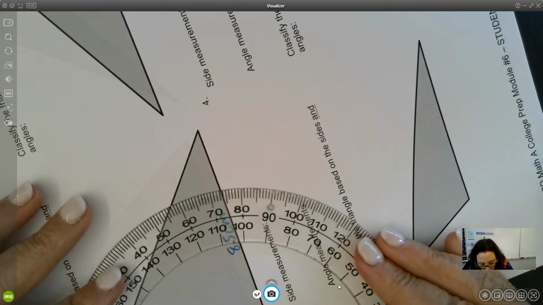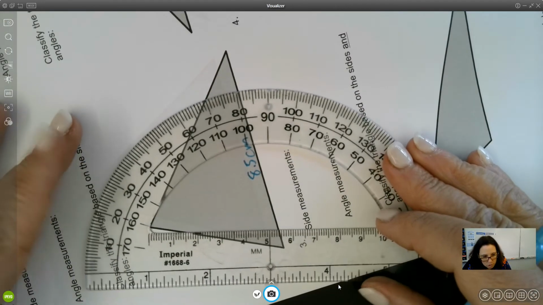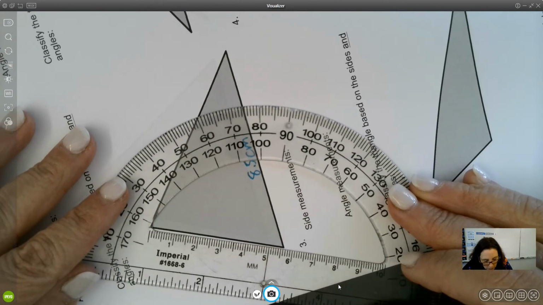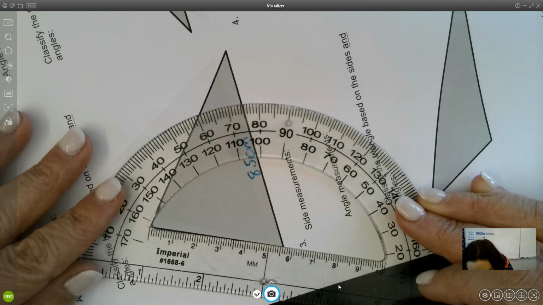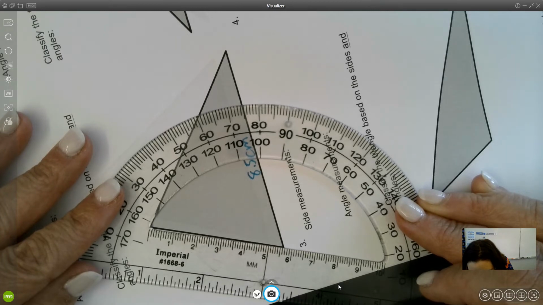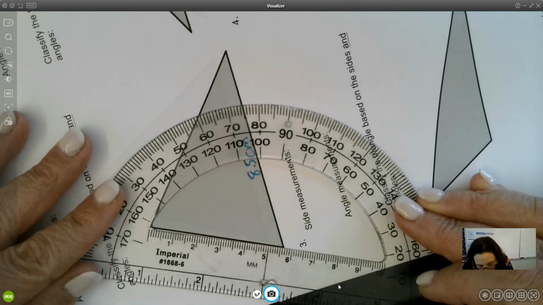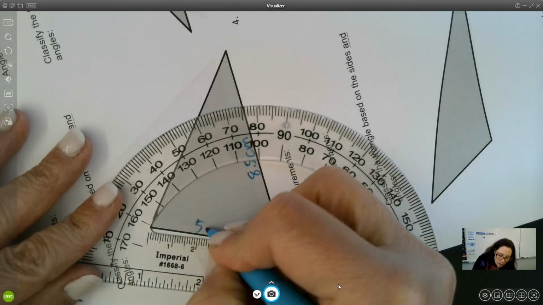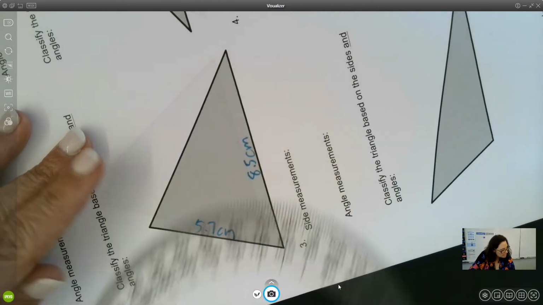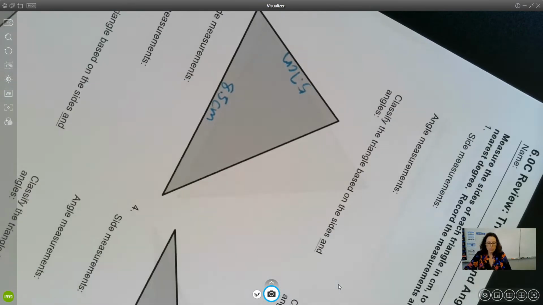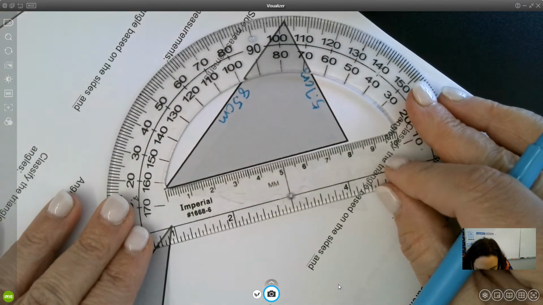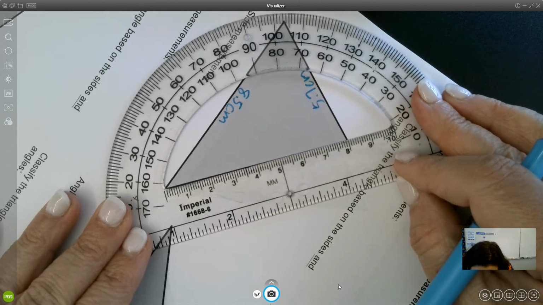I'm just going to turn my paper accordingly here, and I'll push it up to make sure you're seeing it. Okay, this guy is about 5.7 centimeters. And this is about 8 even, 8.0.